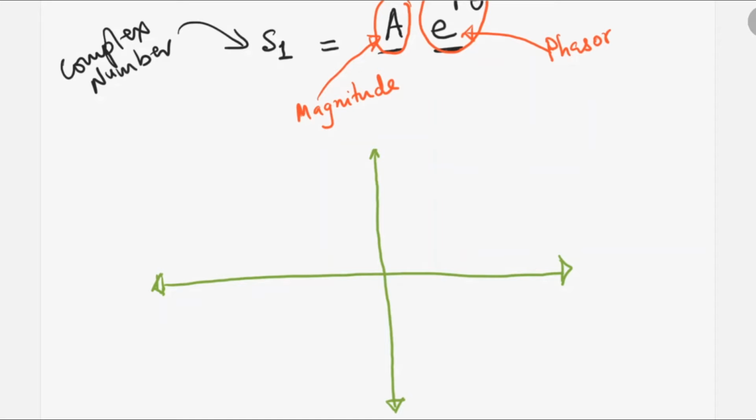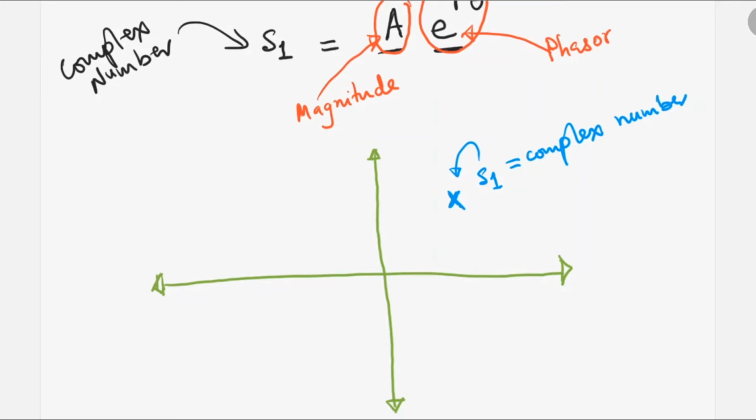I don't know the name of this plane, it's just an empty plane, and I have this point over here. Let's call this point s1, which you remember is a complex number.